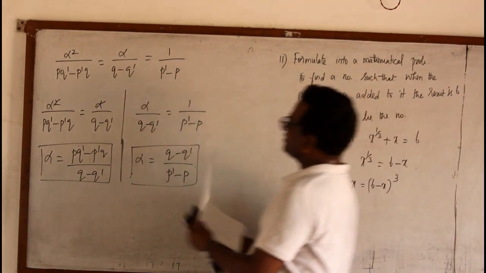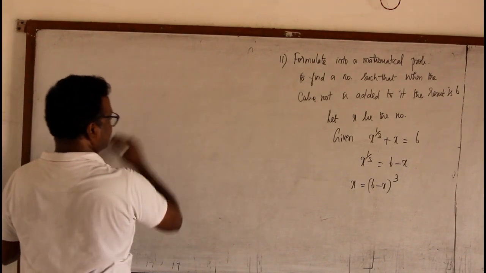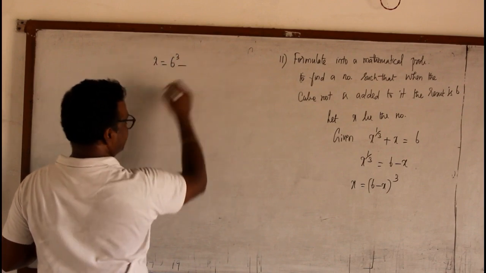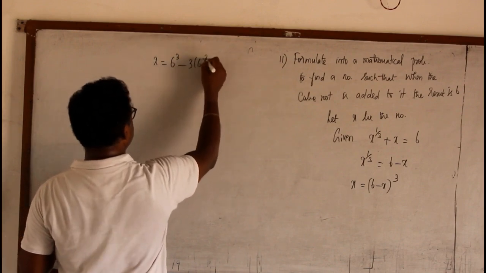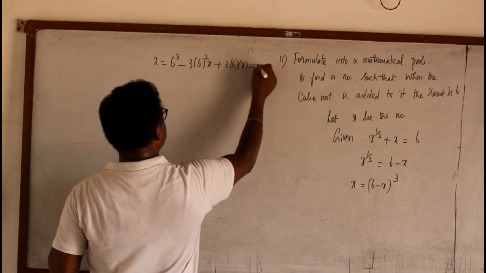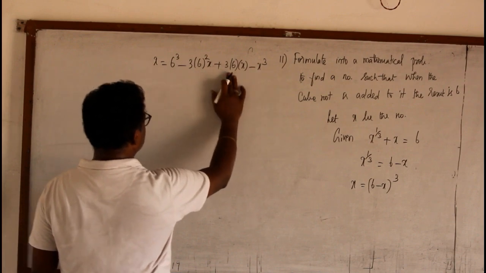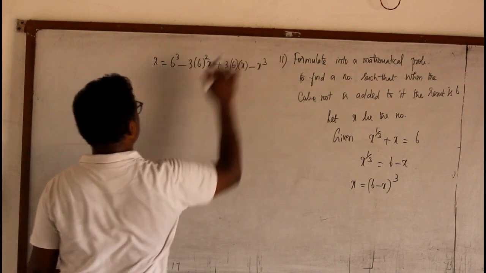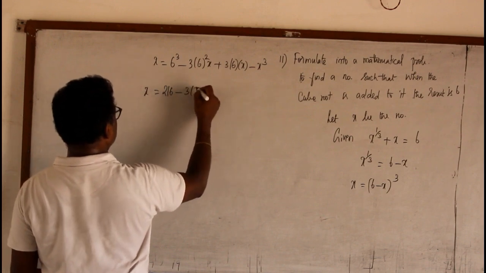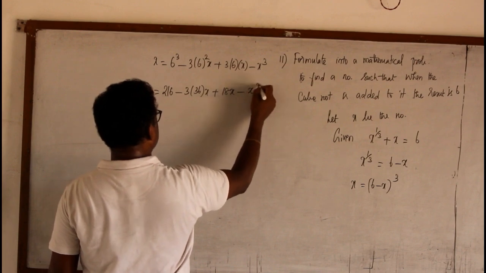Shall we expand this? Then it is x equal to 6 cube minus 3 into 6 square into x plus 3 into 6 into x square minus x cube, using a cube minus 3a square b plus 3ab square minus b cube. It is x equal to 216 minus 3 into 36 into x, that is 108x, plus 18x square minus x cube.